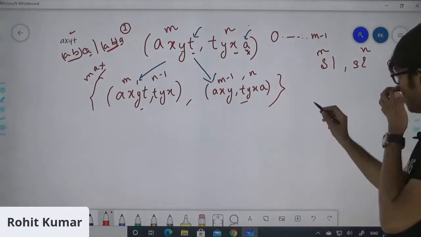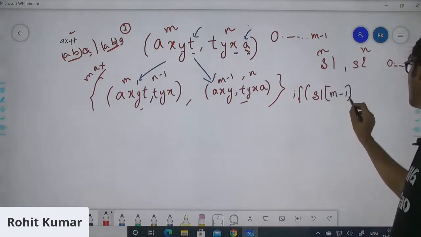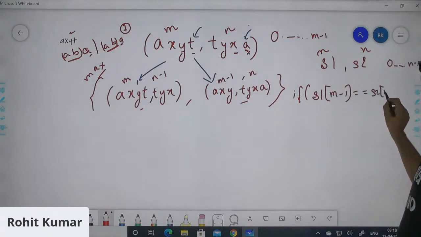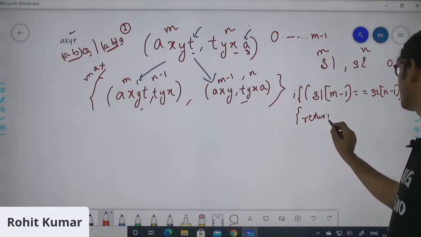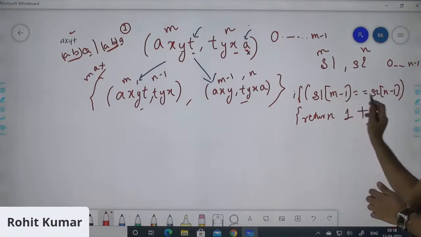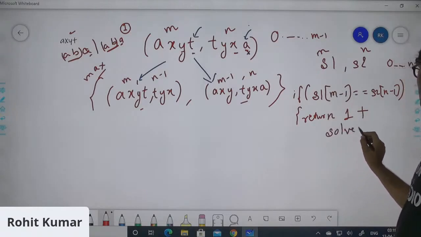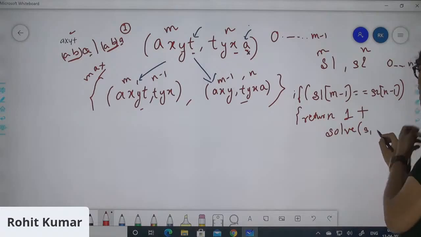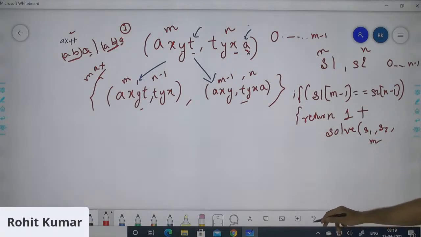So if S1[m minus 1] equals S2[n minus 1], then I am returning 1 plus, because I have already got these two characters equal, so I can further call, let's say I name the function solve, with the strings S1, S2 and lengths m minus 1, n minus 1, right? I can further call on this.